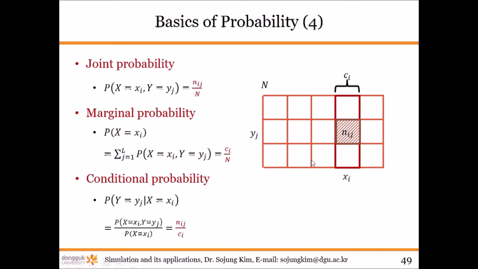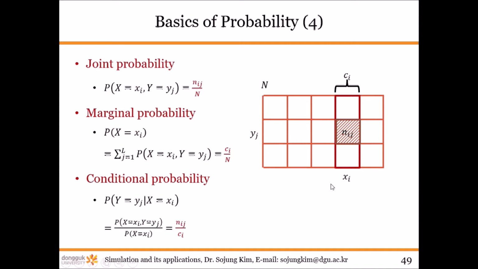Good. And conditional probability is like this. The probability when y equals yj, conditioning on x equals xi.